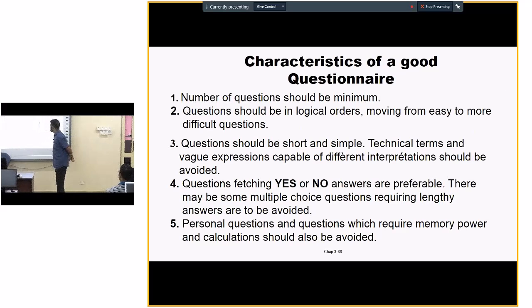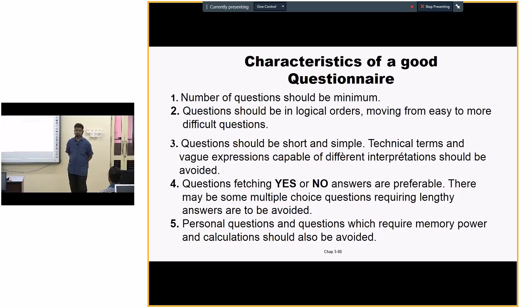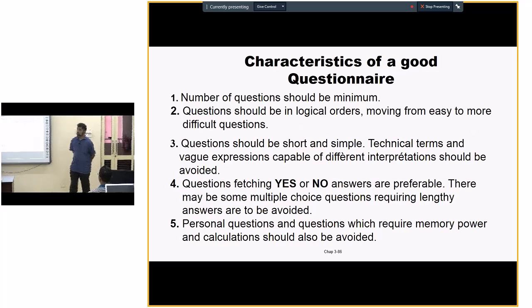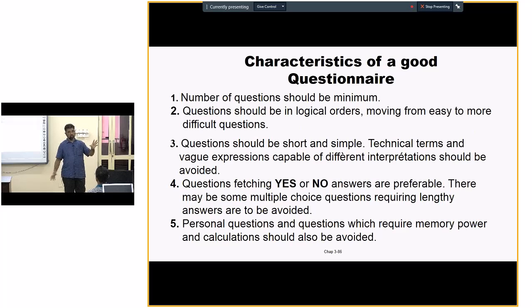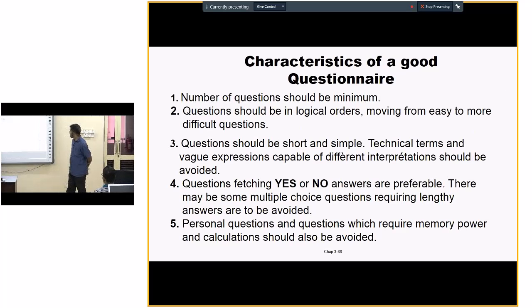The number of questions should be minimum. As much as possible, we have to take a limited number of questions into the structured questionnaire. Questions should be in a logical order, moving from easy to more difficult questions. We start from the easy questions, then go to the advanced ones. Third, questions should be shorter and simple.